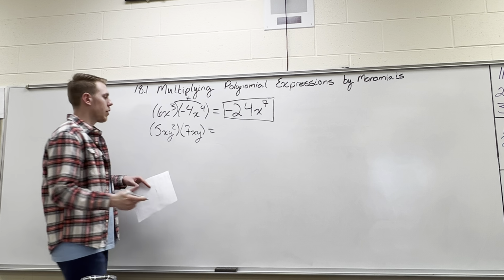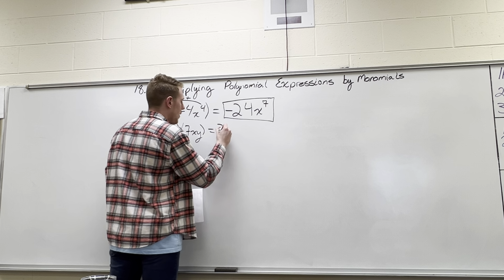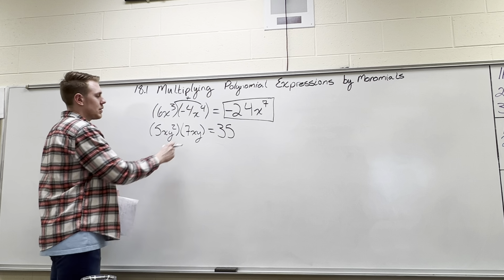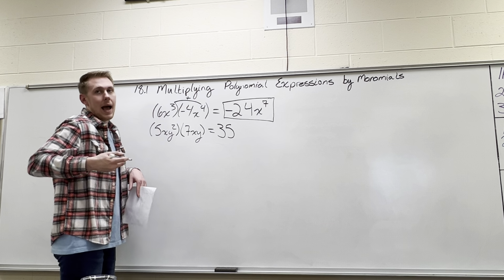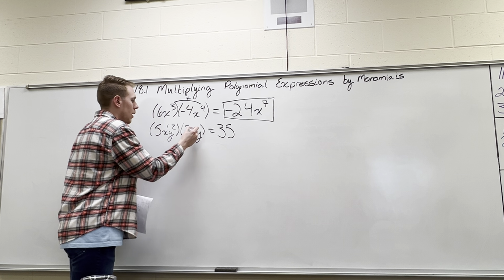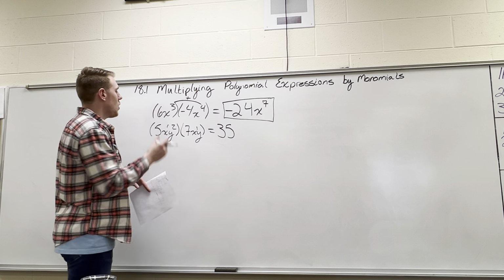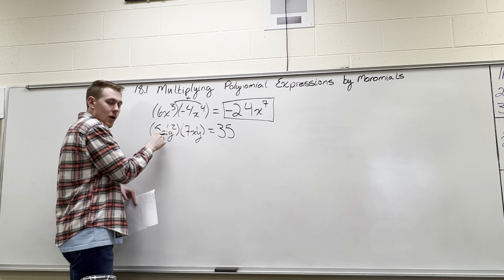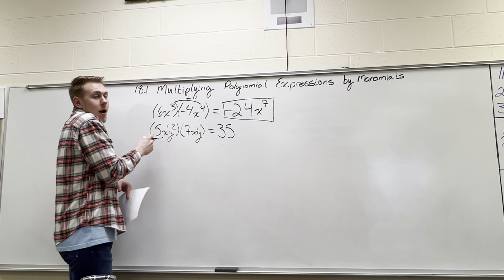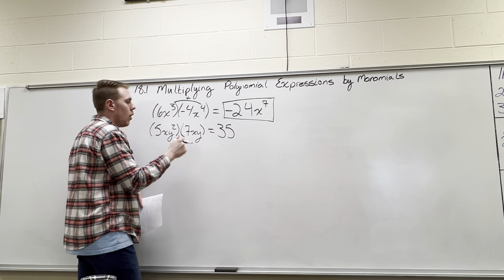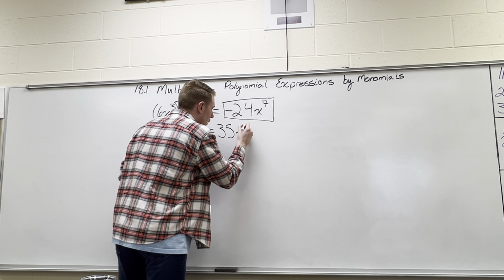So let's do what we normally do. 5 times 7, 35. X times x. Remember, if there's an x, that has to have a 1. If it was 0, then there just wouldn't be an x. If you don't have an exponent and there is a variable, there has to be a power of 1. So I have x and x. I add 1 and 1, and I'm going to get x squared.